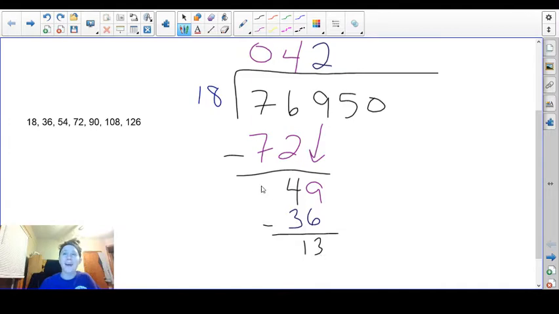So because, again, I can't multiply into this one, the number I got as the subtraction, the difference, I bring the next number down. So how many times can 18 go into 135? 1, 2, 3, 4, 5, 6, 7. 7 times. 7 times 18 is 126.